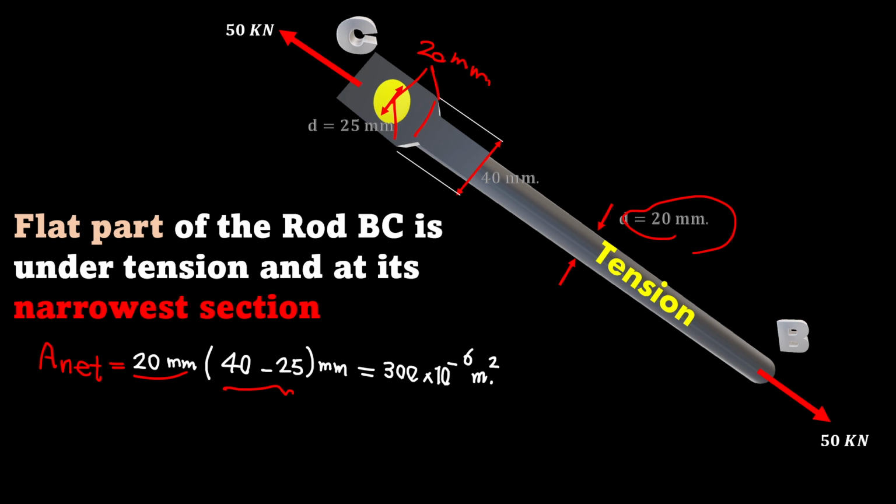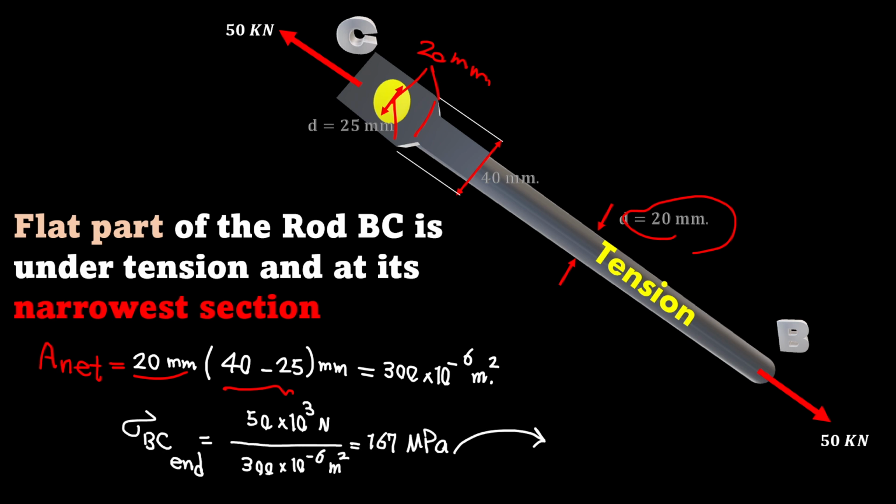This is our cross-sectional area for the flat part. As soon as we have the net area, we can apply the same force over the area, and it gives us sigma BC for the narrowest part of the flat section: 167 megapascal.